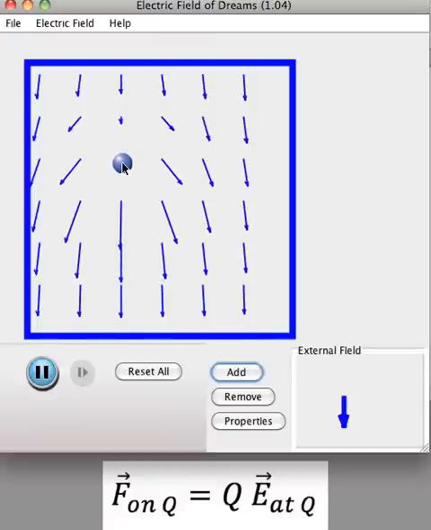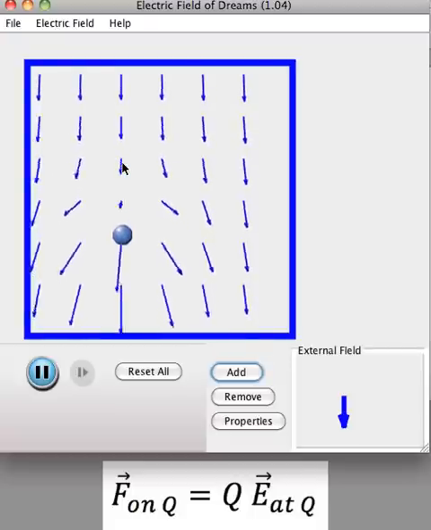When you're near the particle, fields are basically pointing away from it. There's an external field pointed straight down at that particle right now because it's an external field pointing straight down everywhere. So when I let go, it again bounces.